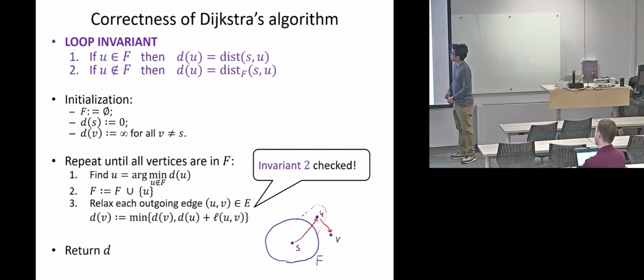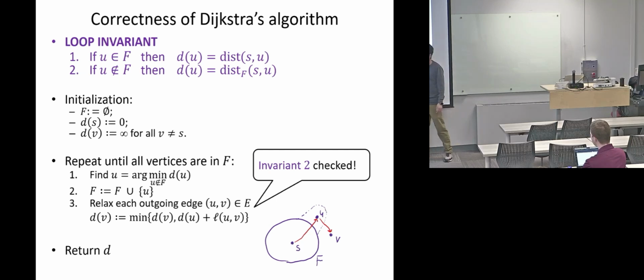Why? For everyone that is not finalized, we need to update this f. How can this f change after we grow f by u, after we add u into the set f? This f can change only because of some path that goes through u and takes one step to v, right?